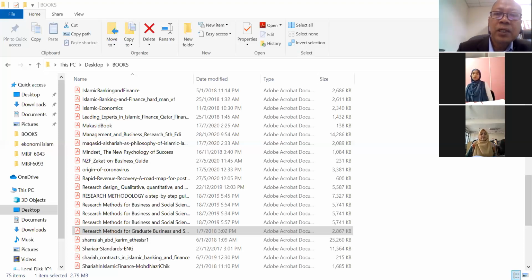Suppose you have this framework. You can use a questionnaire and send it out to your respondents. If you want to use the questionnaire, remember your hypothesis.